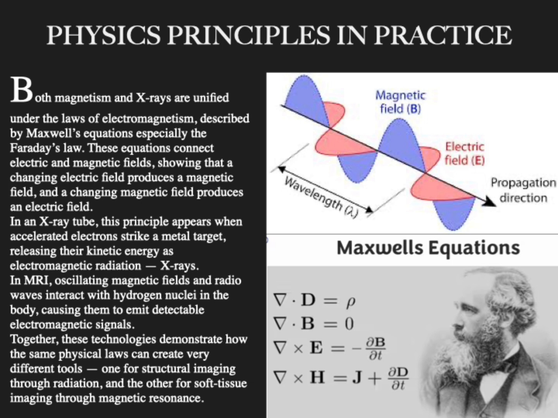In an X-ray tube, this principle appears when accelerated electrons strike a metal target, releasing their kinetic energy as electromagnetic radiation, which are X-rays. In MRI, the oscillating magnetic fields and radio waves interact with the hydrogen nuclei in the body, causing them to emit detectable electromagnetic signals.